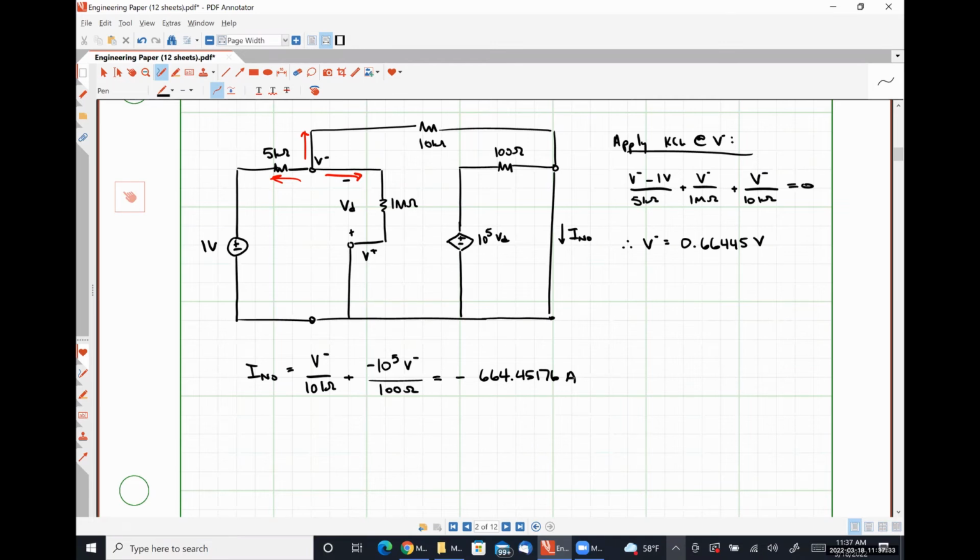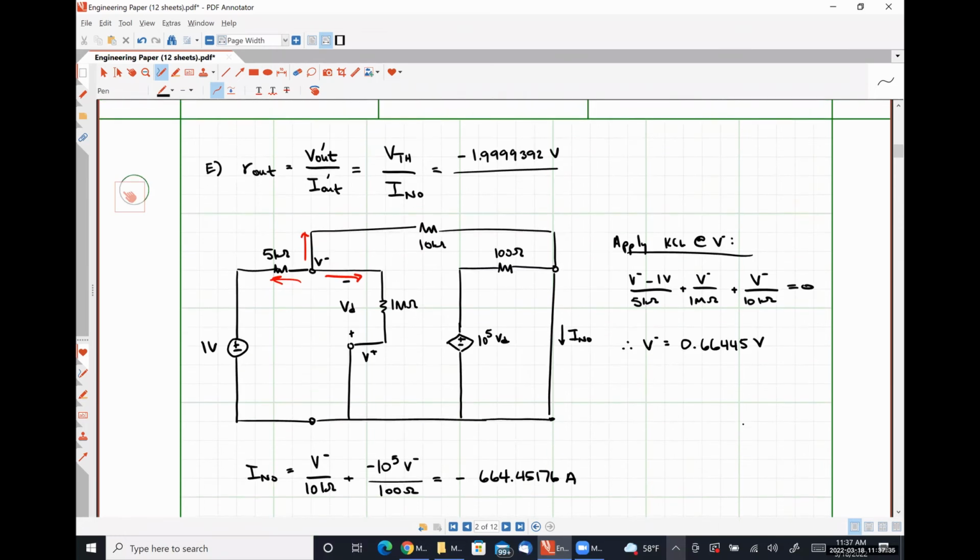Now, if we plug that number in here, we find that our output resistance, lowercase r for our op-amp, is roughly 3 milliohms.